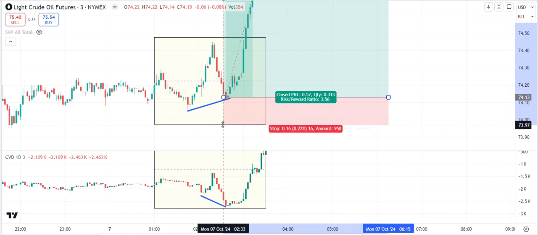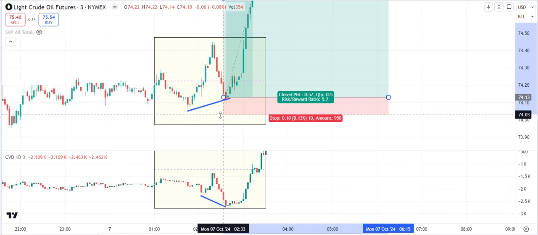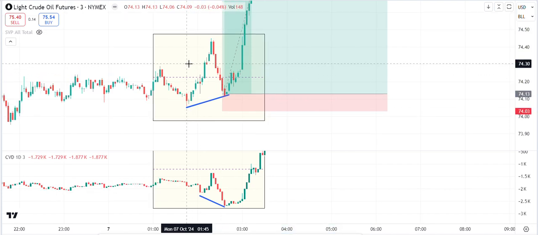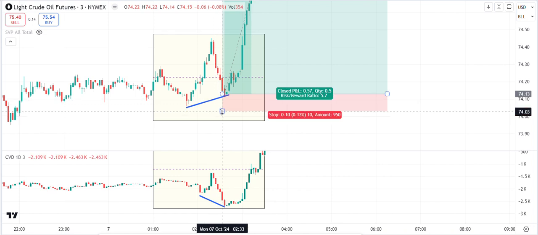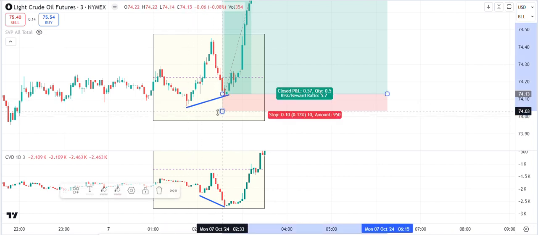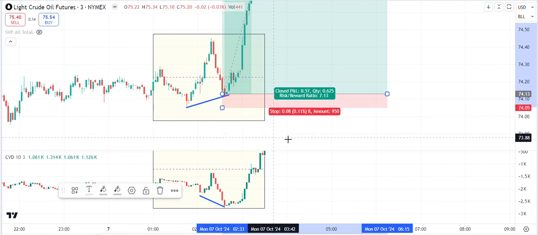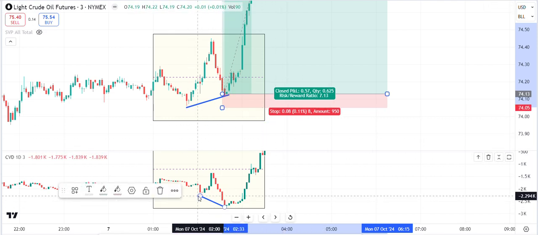But if it was more than 15 cents, I wouldn't take it. And an easy way of putting your stop would be where you see this divergence in price and volume delta, you just put your stop below that low. And that's a relatively safe spot to put it.